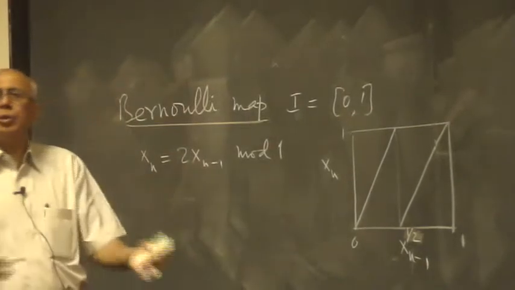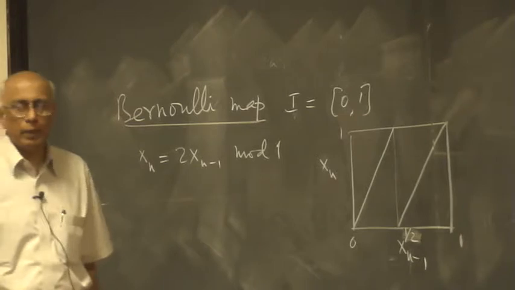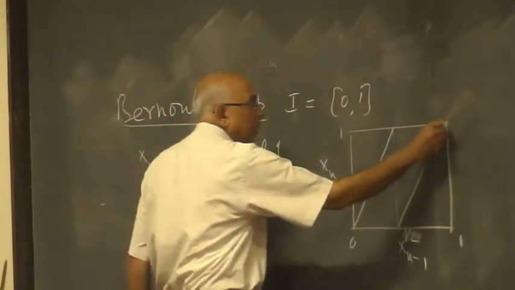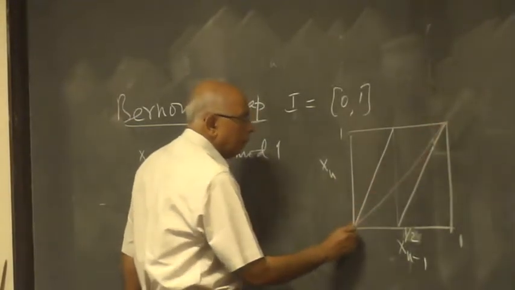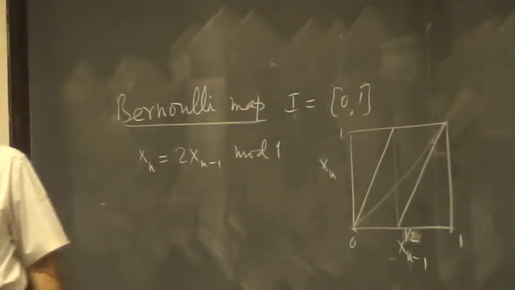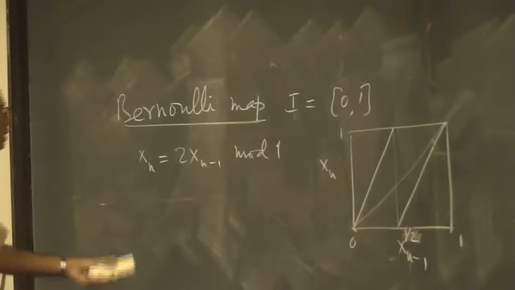Now we ask, what happens to points under this iteration? Well, first of all, what are the fixed points of this map? The fixed points are wherever this 45-degree line hits the map. And that's happening at 0 and 1. What's the slope at 0? Well, the slope of this graph is always 2. 2x_n, it's always 2. Right? We can write this analytically.